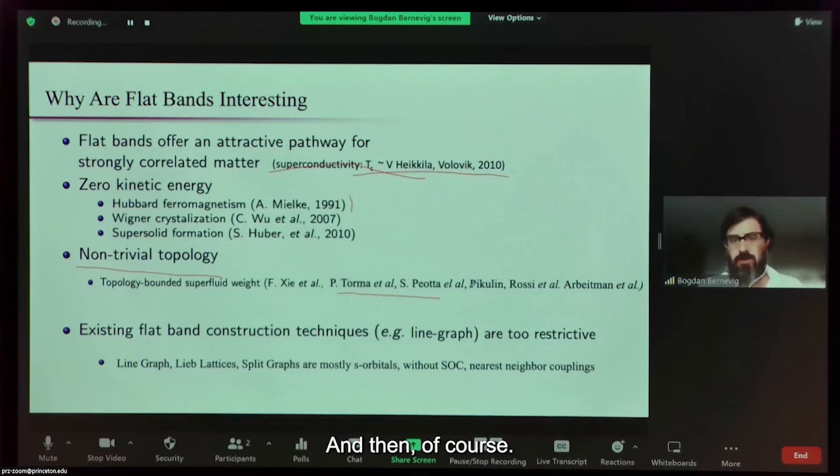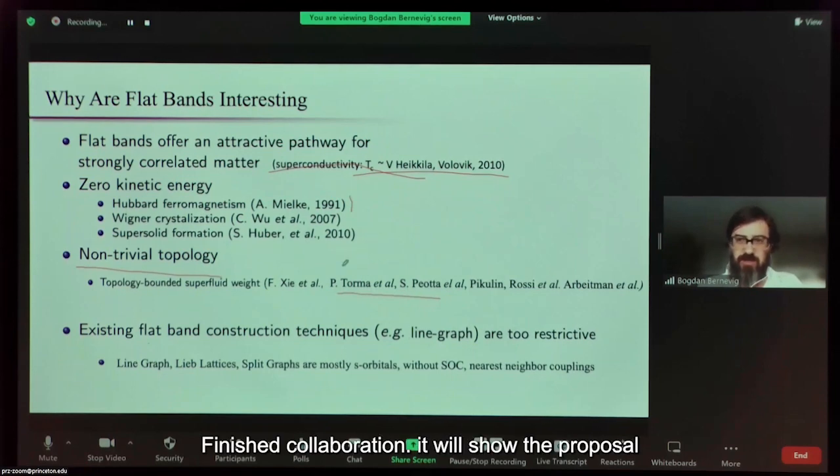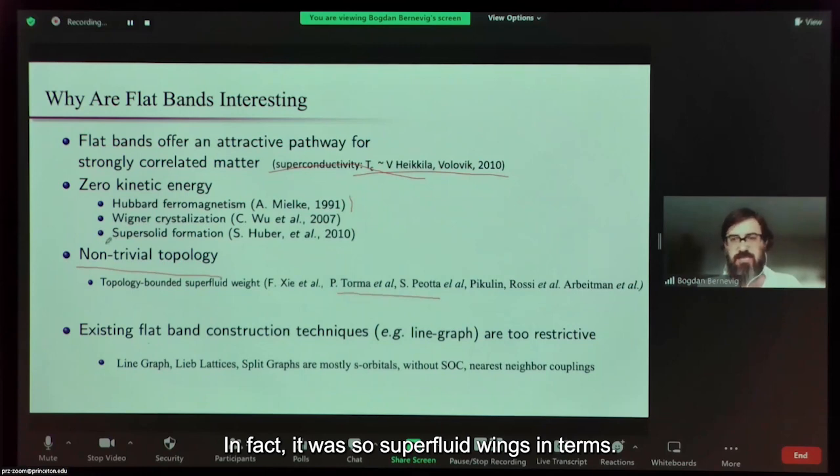In fact, it was shown that the superfluid weight in Chern bands, so in a band of Chern number 1, can be bounded from below by a topological bound, and it has to do with something called the quantum geometry of flat bands, which we'll also emphasize here. In the second part of the talk, we'll give a clearer definition of what's actually bounded. It turns out the Cooper mass or the Goldstone stiffness, etc., is bounded by some quantum geometric object. But for now, we'll just be vague about it. But I'll emphasize the topological aspects of bands.